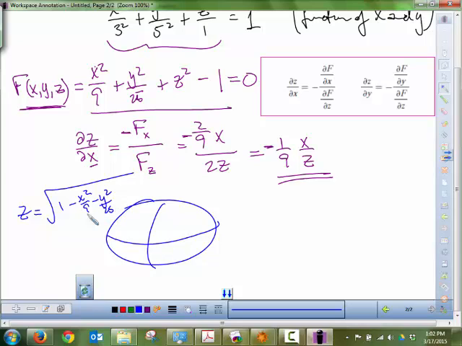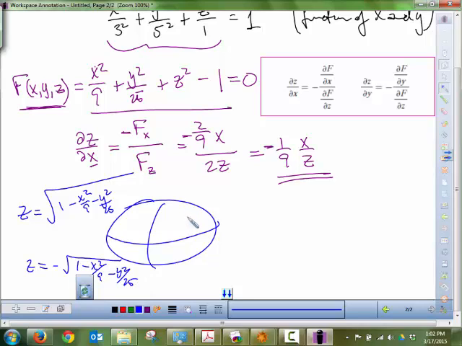But when you do that, you're going to have two different parts. And so this is where it becomes cumbersome. This is why we want to keep the implicit relation between x, y, and z versus splitting this up.